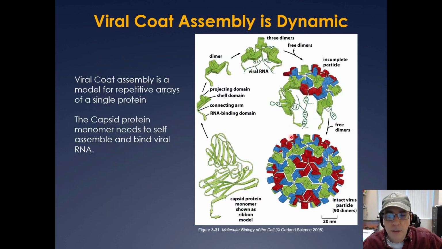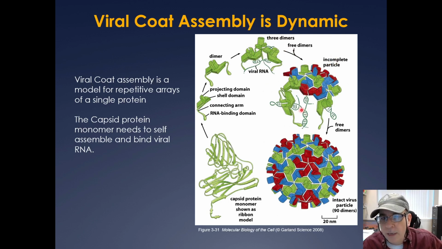Here's how some viral coats assemble, where you have your capsid protein, and this can have an RNA binding domain associated with it. This protein is made, then it can self-associate to form a dimer, and then the free dimers start to come together, and you start to get the formation of an incomplete particle.